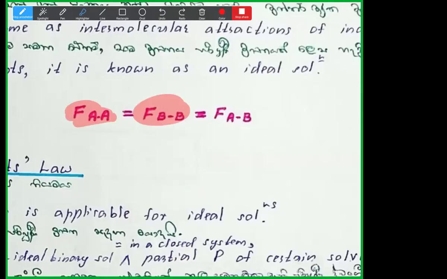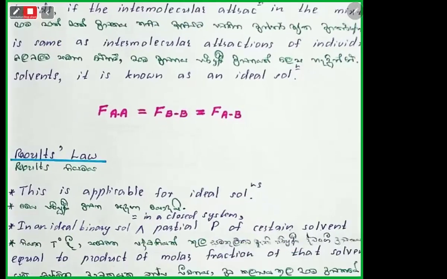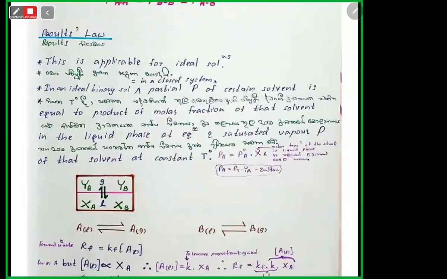No intermolecular interactions. No volume. Collisions are perfectly elastic. No chemical reaction is okay, but no marks, because you have to go with the definition. Okay, that is ideal gases, but this is ideal solution.